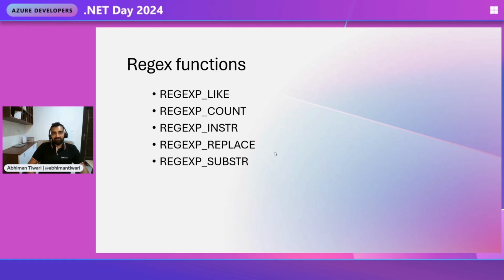If you want to find the position of the match in the string based on your regex pattern, you can use regexp instr. Again, to replace something based on the regex pattern, you can use regexp replace. And to find a portion of a string from the larger string based on your regex pattern, you can use regexp substr.